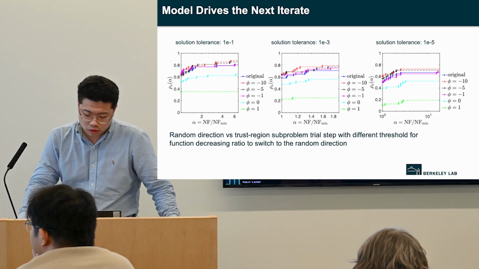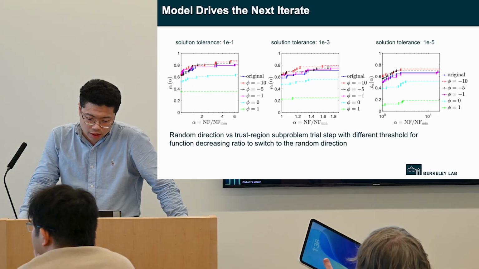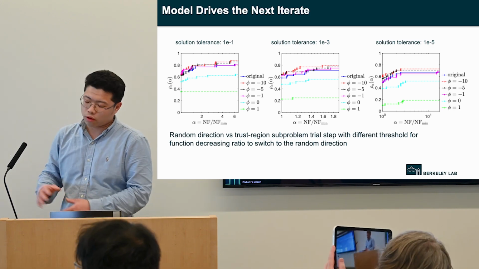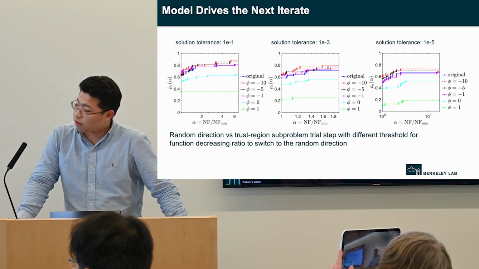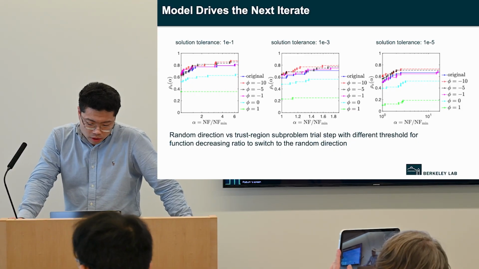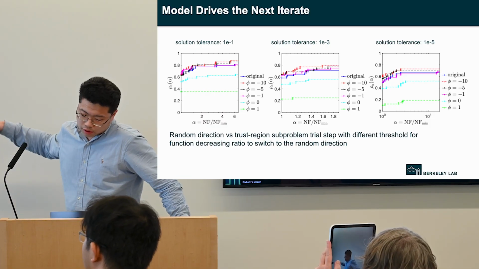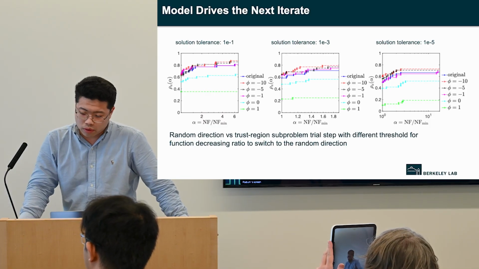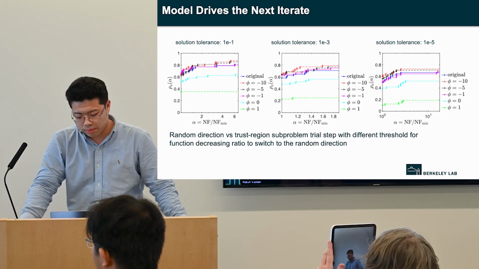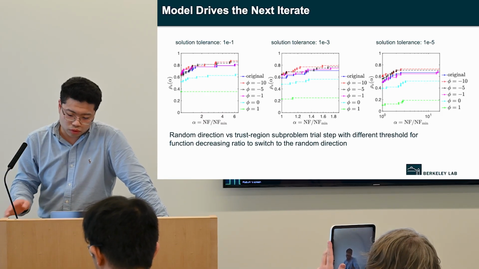In addition, we also try another comparison to show that the model drives the next iteration, which is why choosing the model is a very important part. In this numerical experiment, we again use the same optimization framework, but as the value of phi gets lower, we use a more carefully designed model to give the next step, instead of directly using a random direction to do the iteration.